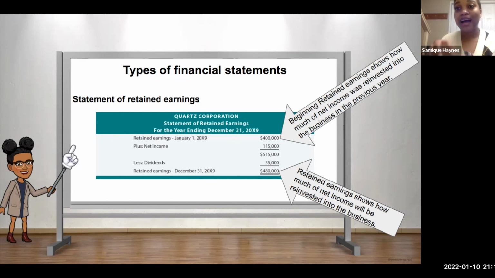We're going to add that to the ending retained earnings from 2021. We're adding that together to get a total amount, and then we can deduct from that any dividends that we may have paid out in that year to give us our retained earnings at the end of that year. And that retained earnings is going to be moved on into another year as the beginning retained earnings of the next year.